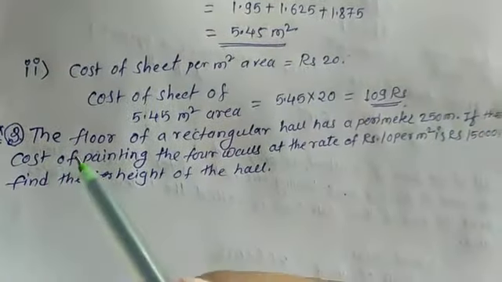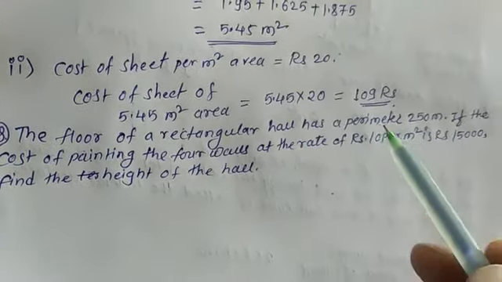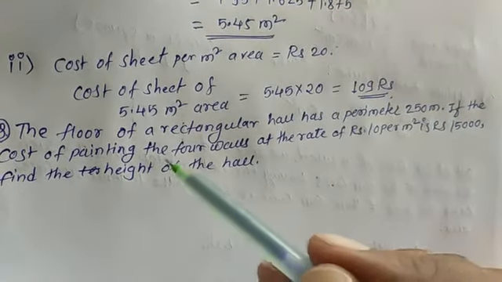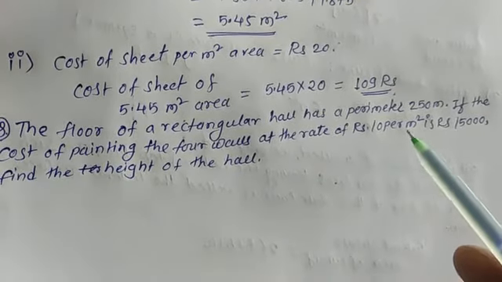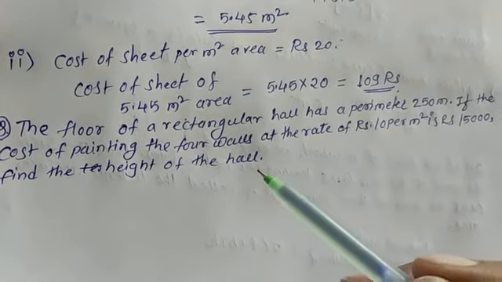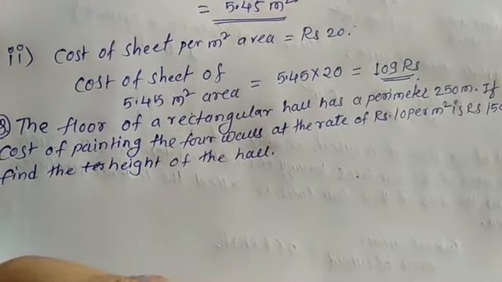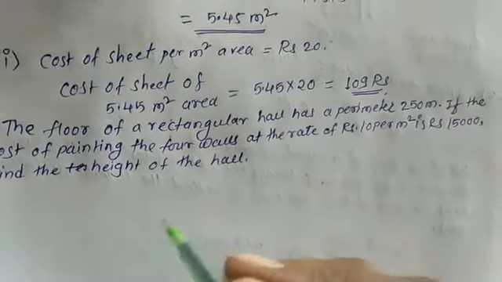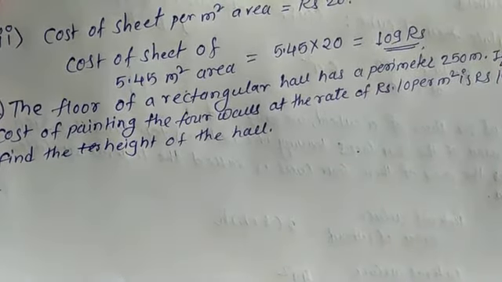Now next example, number 3. The floor of the rectangular hall has a perimeter 250 meter. If the cost of painting the four walls at the rate of rupees 10 per meter square is rupees 15,000, find the height of the hall. Here we have to find the area of four walls, which means it is a lateral surface area.